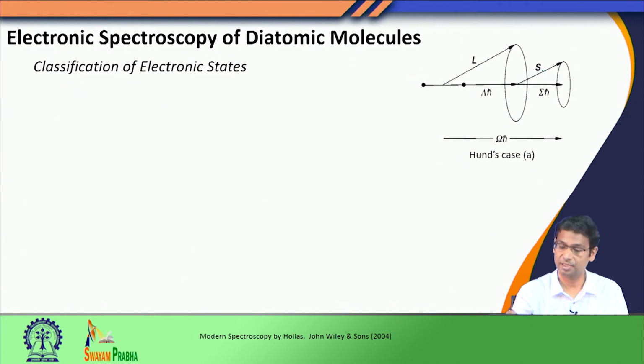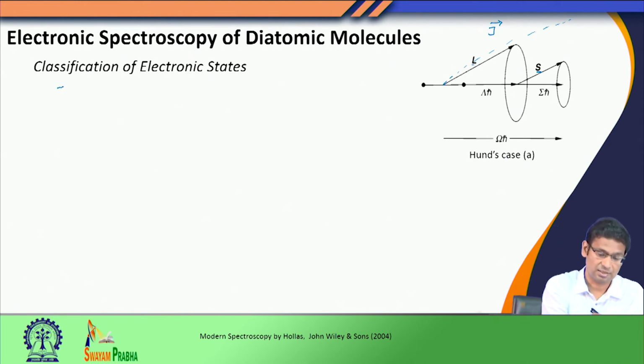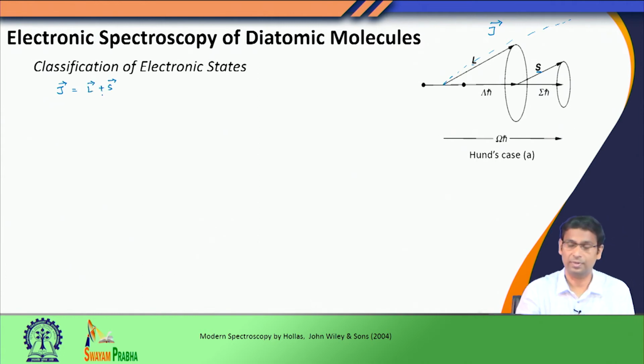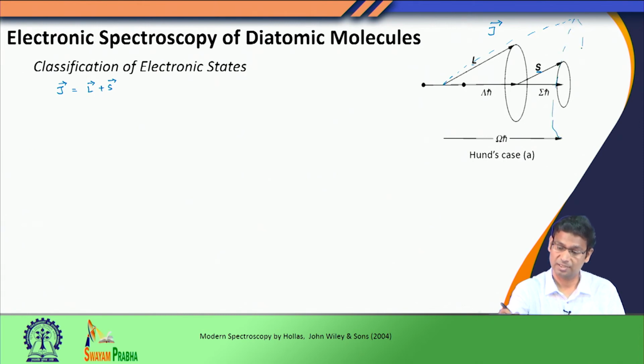Now I have the L vector here and the S vector here. I can construct L plus S, and then I get this new vector J, the way we did for the atomic case. The precession of this J vector can also be defined, and the projection of the J vector onto the internuclear axis is given by omega h bar.